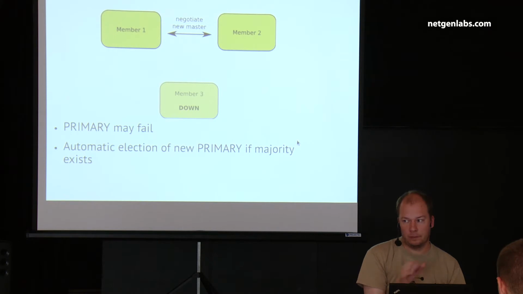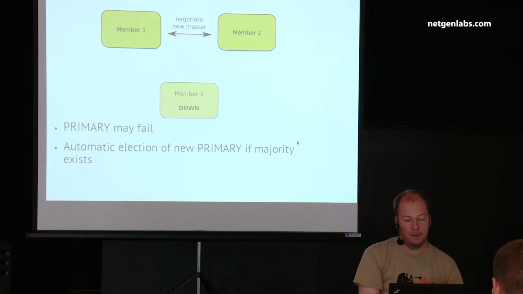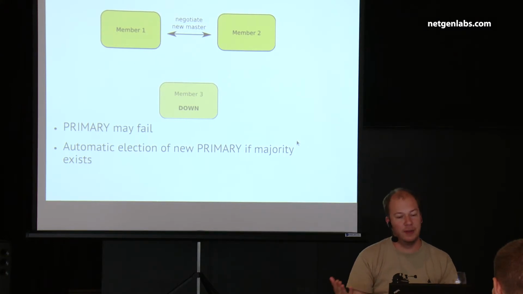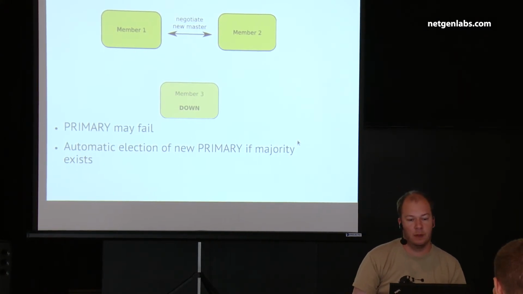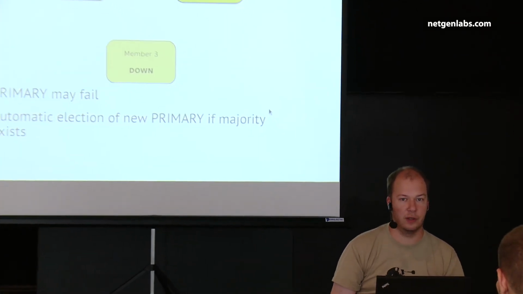If the gap is more than 10 minutes, then MongoDB gives up and says you need to intervene yourself. And that is probably a good thing, because if your application still thinks it can write data and you can't write data for 10 minutes, you're probably going to have a problem and you need to have a look at it as an administrator.